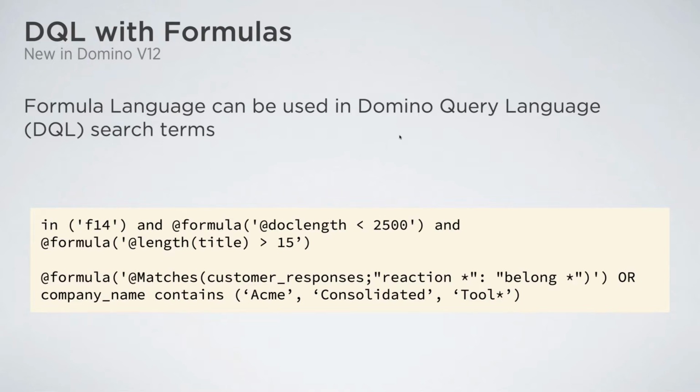DQL, Domino Query Language, we introduced back in version 10. It was improved in version 11, and in version 12, we added support for formula language. So experienced Domino developers who use formula language in NSF applications every day can now use it in modern DQL.